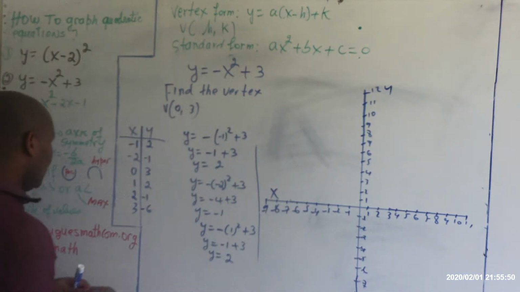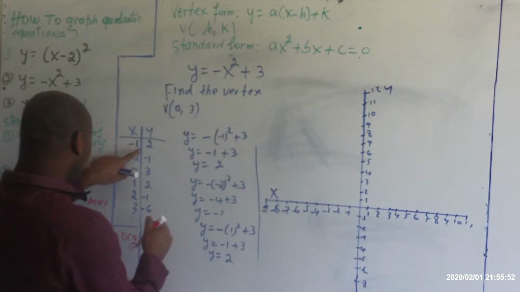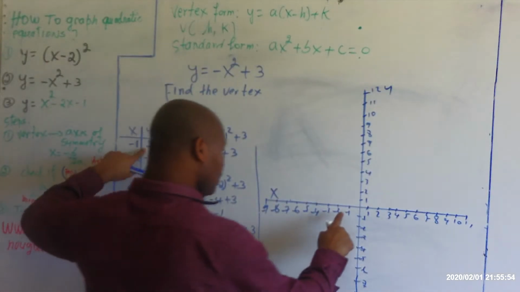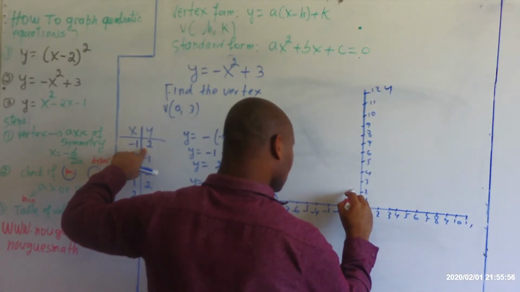Let's plot the points. Negative 1, 2: negative 1, okay? 2, right here.